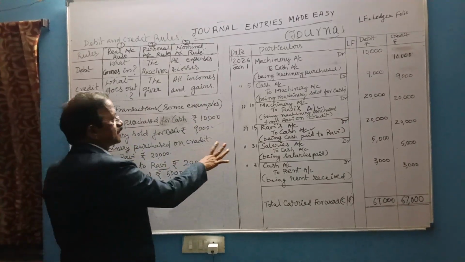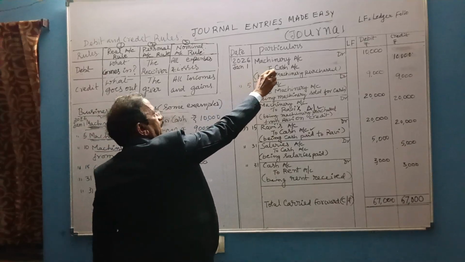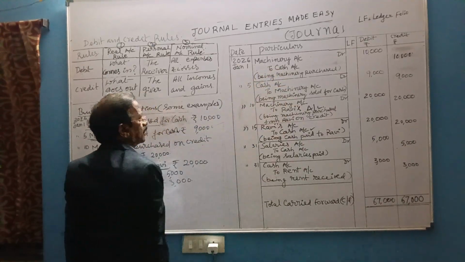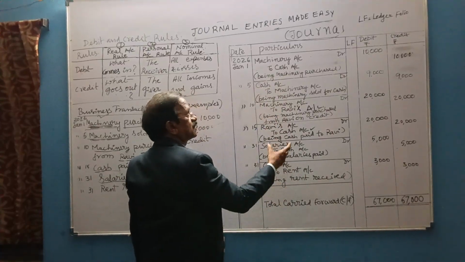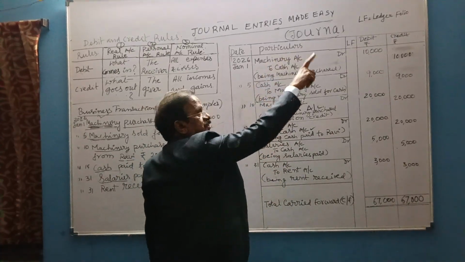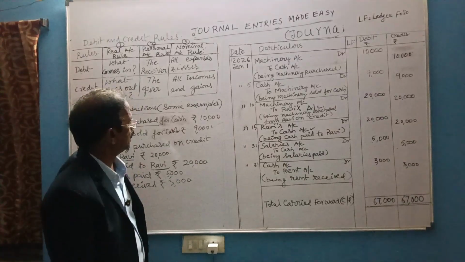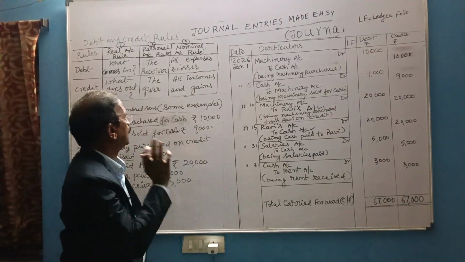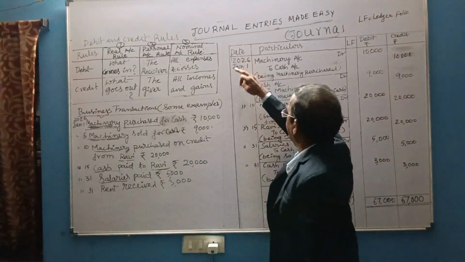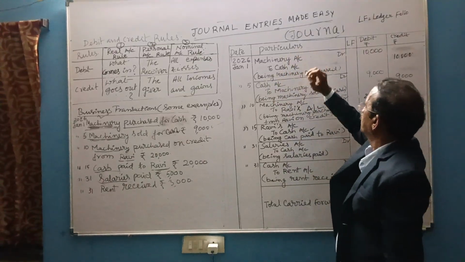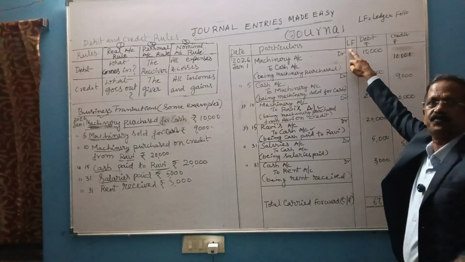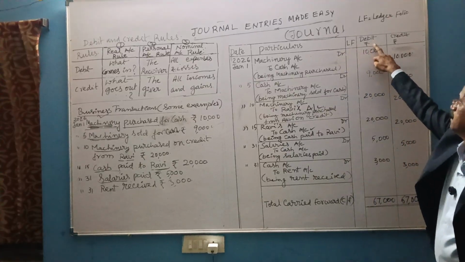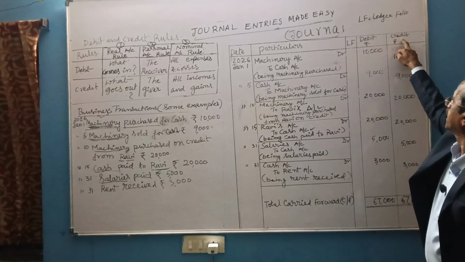Journal entry means a transaction recorded in a systematic manner, and the book in which all the journal entries are recorded is called journal. In this journal, the first column is date, the second column is particulars, the third column is LF, meaning ledger folio, then debit column, then credit column.